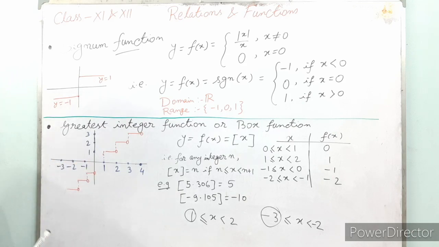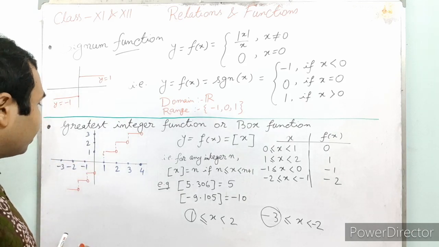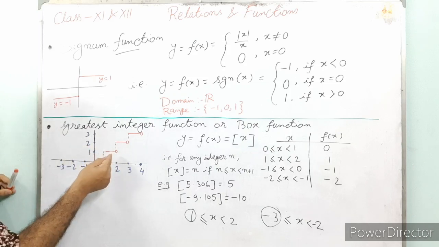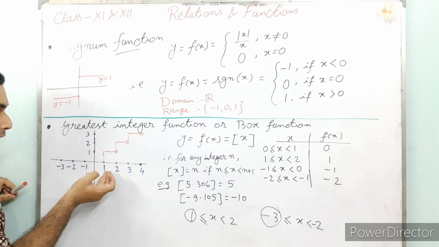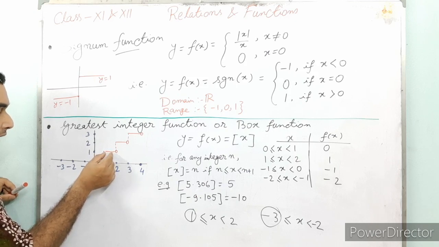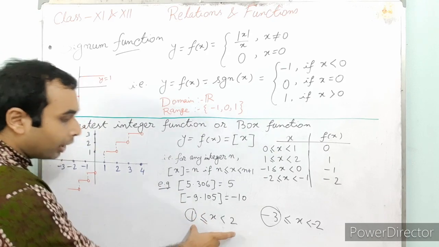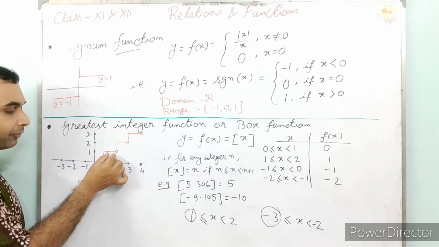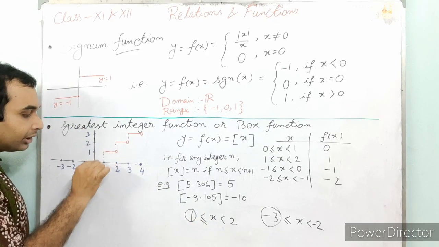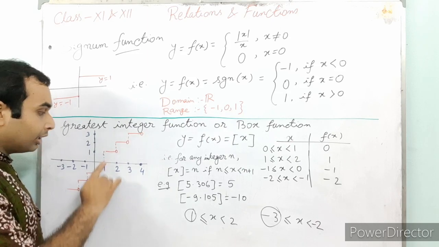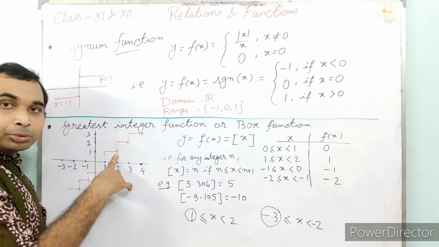That's why it can also be called the step function. For each and every value from 1 to 2, it will take the value 1, but it will not touch 2.